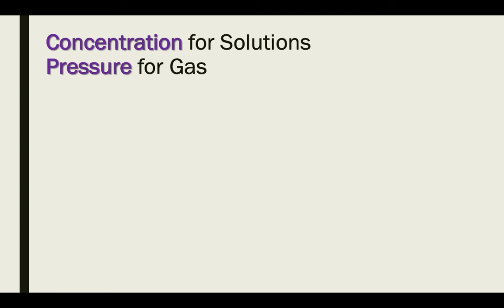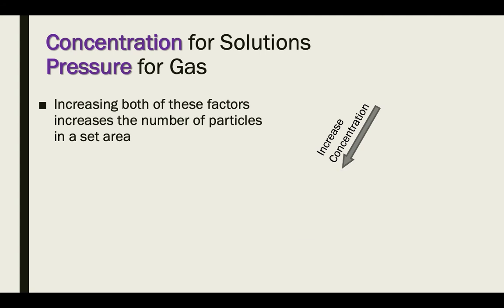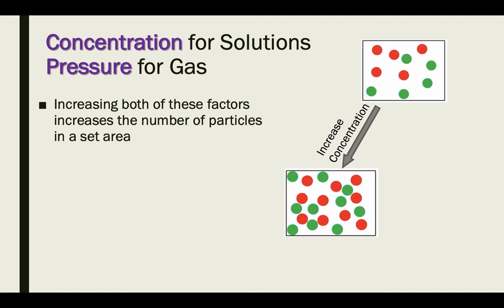Concentration for solutions or pressure for gas, they work in similar ways. Okay? So how does this look is if you potentially have this many particles. If this is a solution, by increasing the concentration, you make sure the overall volume of the solution remains the same, but you just add more particles.